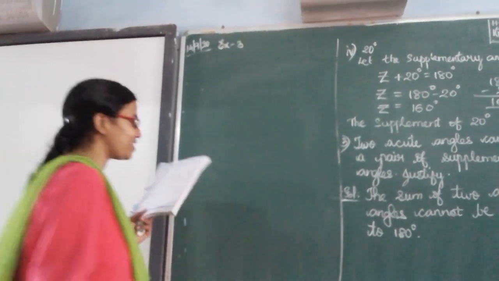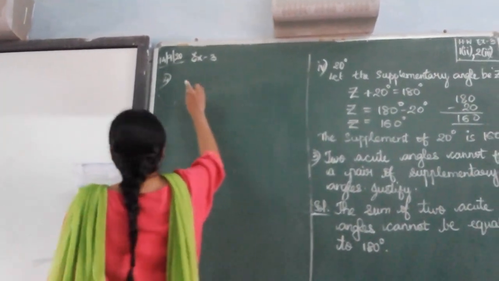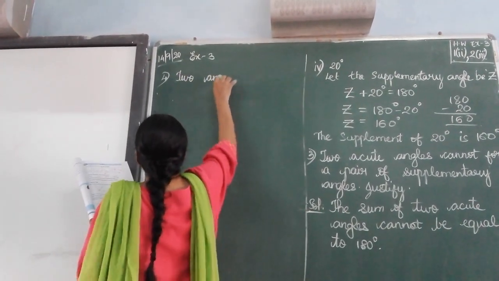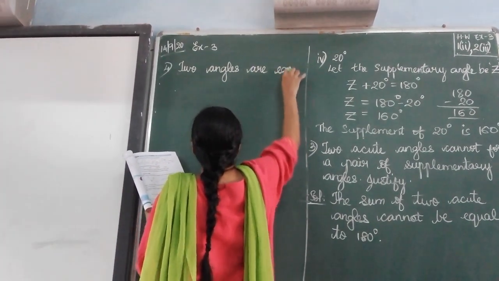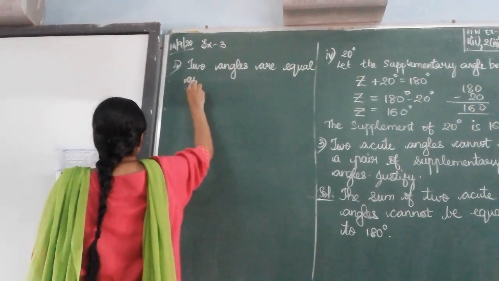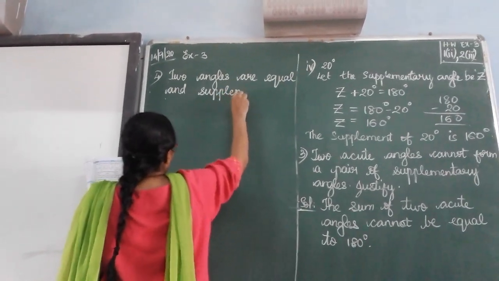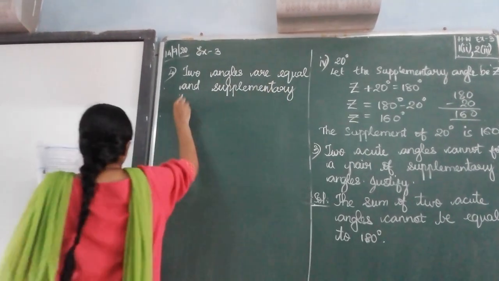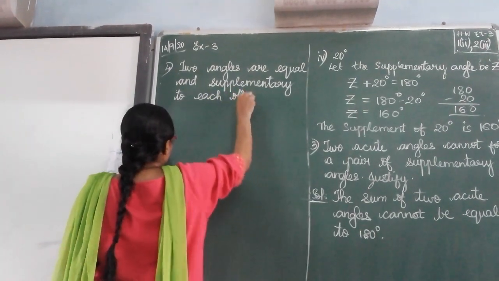Okay children, the last problem of this exercise is the fourth one. Two angles are equal and supplementary to each other.